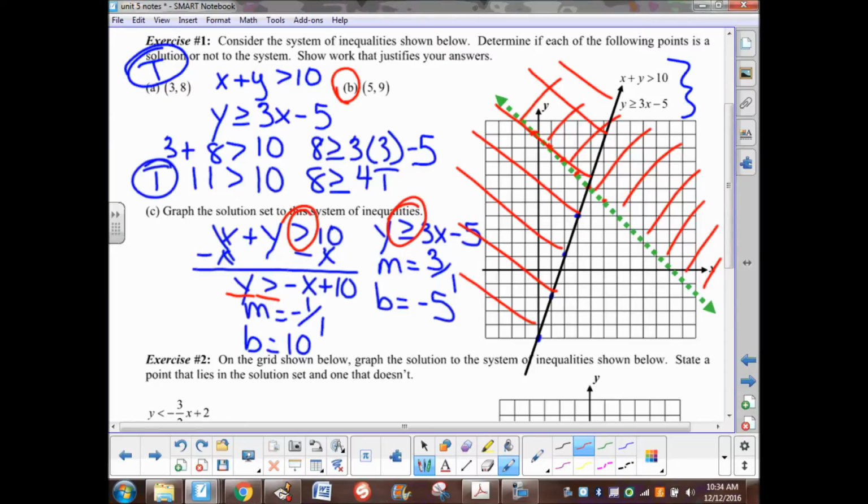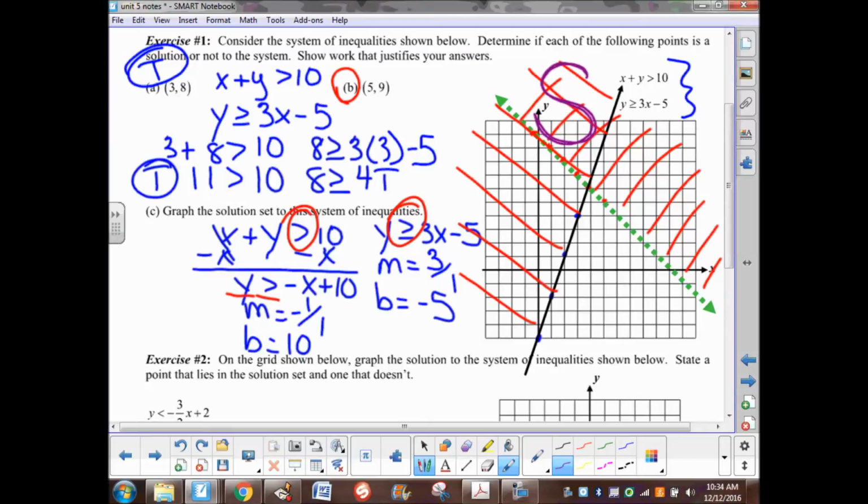Now, in order for it to be a solution to this entire system, it's got to be true for both inequalities. So looking at the shading, where are the solutions for both at the same time? They're all occurring right in there, so I'm going to put a big S in there for solution set.